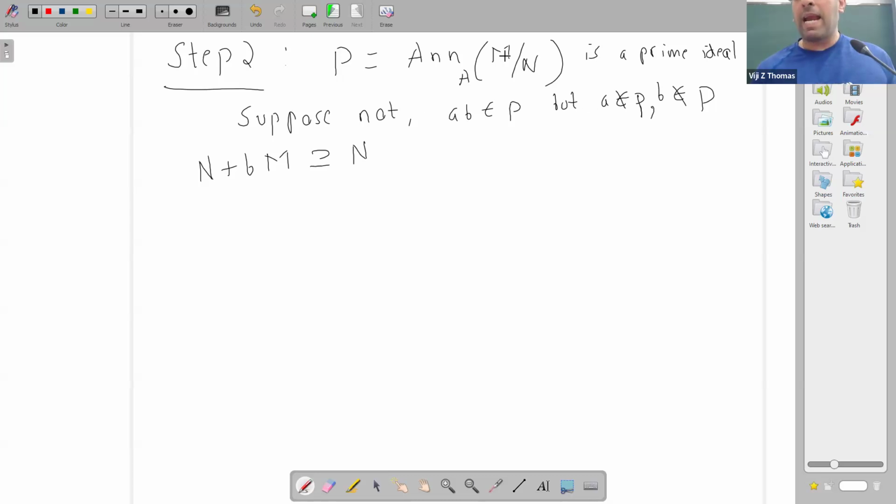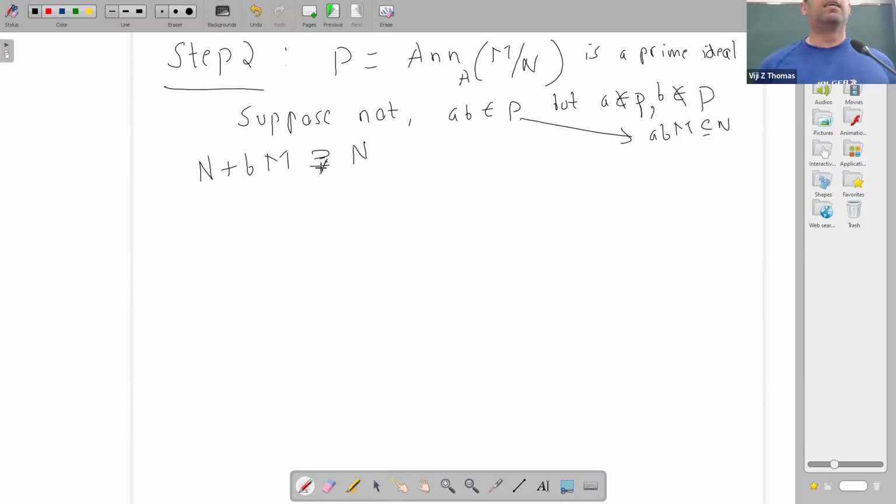See, abM: ab belongs to P means ab kills M. So abM is contained in N, but b does not belong to P, so bM is not in N. So N plus bM strictly contains N is what I want to say here, because bM is not in N. There are elements outside, so it is a bigger module compared to N. So this is the first observation from it.